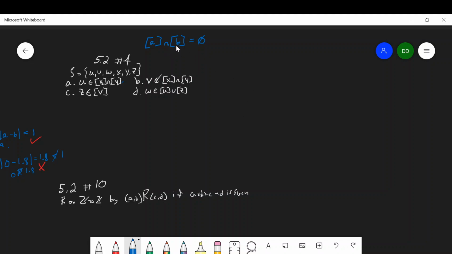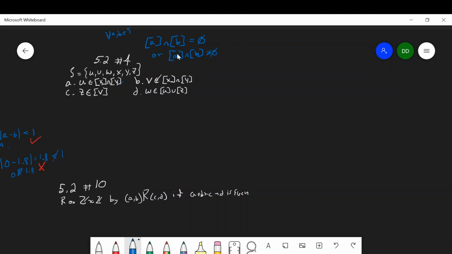And so either the equivalence class containing A and the equivalence class containing B are disjoint, in which case A is not related to B, and this is for all A and B in my set, no matter what the equivalence relation is, or I have that the intersection is not empty. And what would that mean?